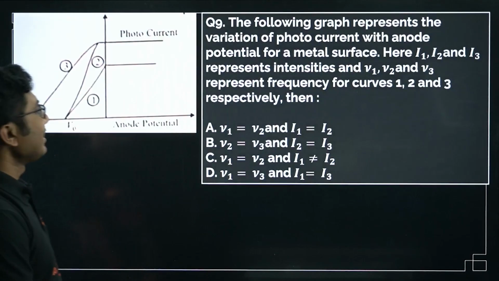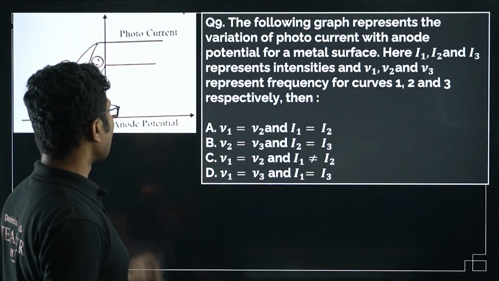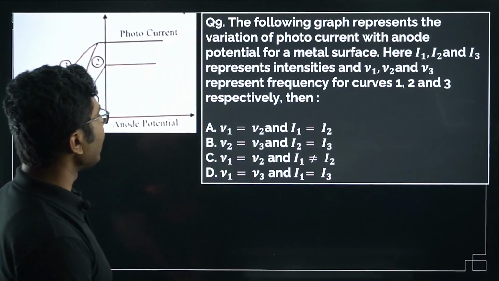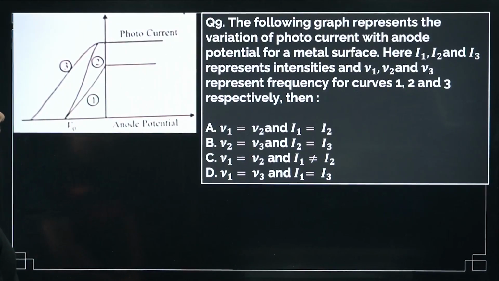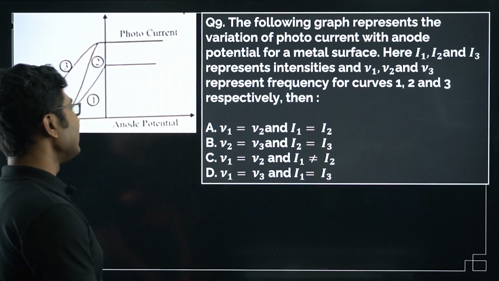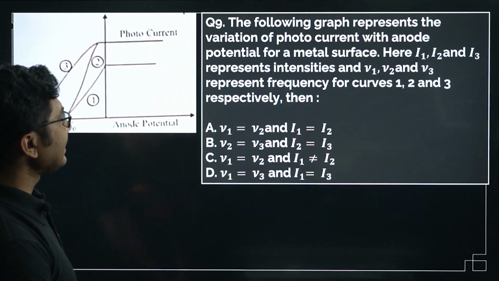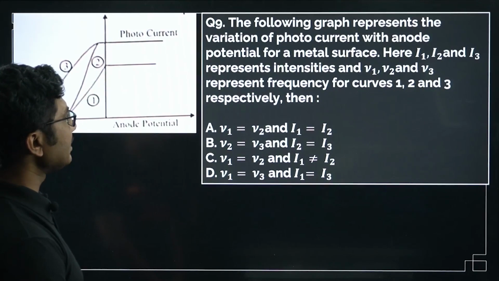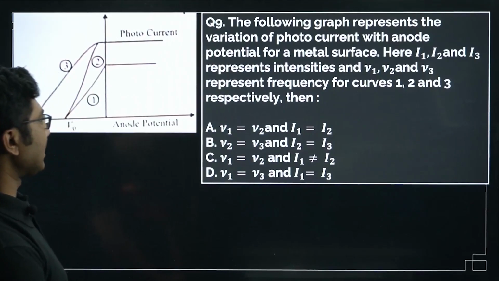Next, this is a very common question from one of your previous year KCET exams. The following graph represents the variation of photocurrent with anode potential for a metal surface. Here I1, I2 and I3 represent intensities, and nu1, nu2 and nu3 represent the frequencies of the curves 1, 2 and 3 respectively.